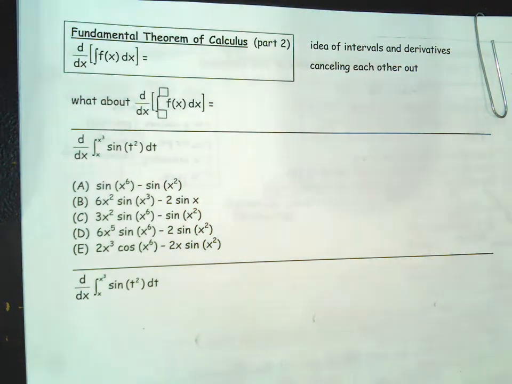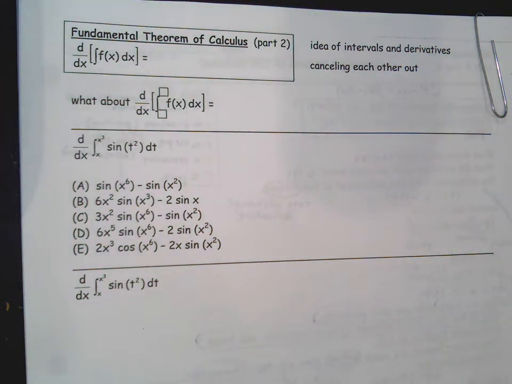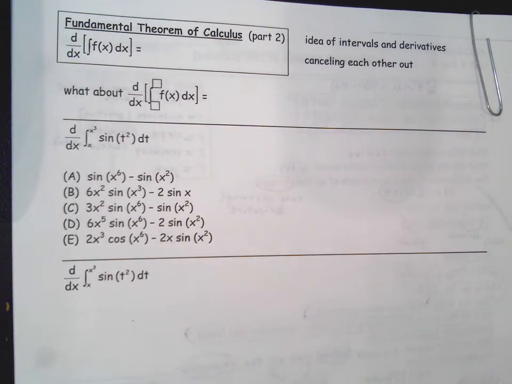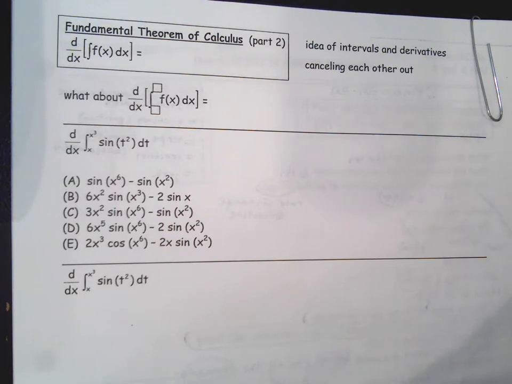Are you guys ready for it? The return of the fundamental theorem of calculus, part 2, the revenge of the fundamental theorem of calculus. Anyways, there's a part 2. We've been talking about part 1.